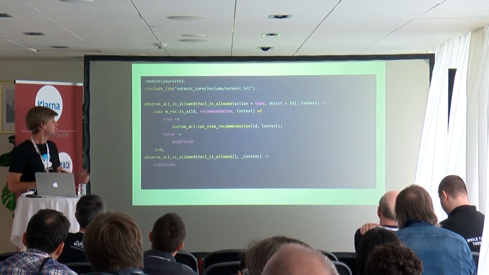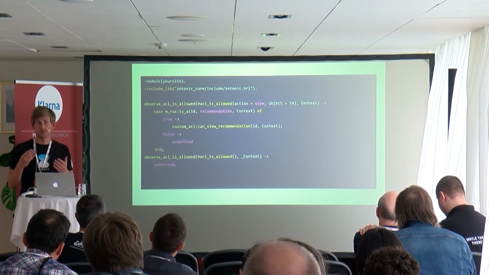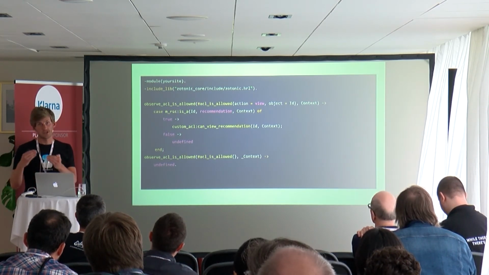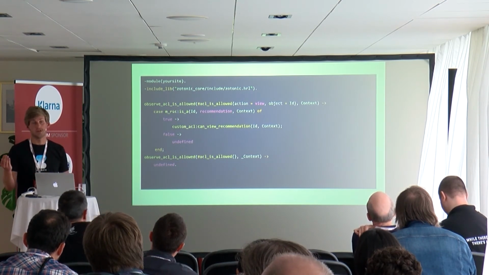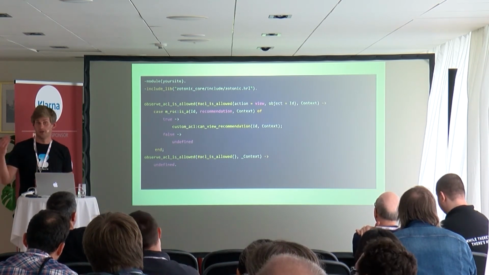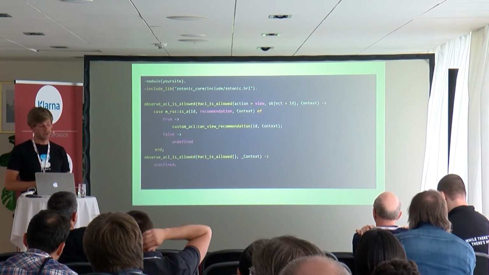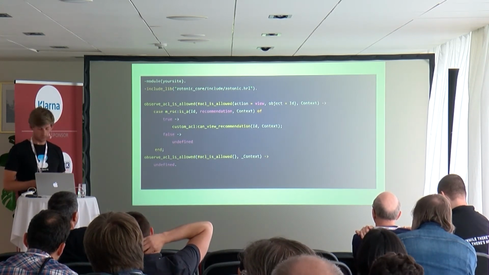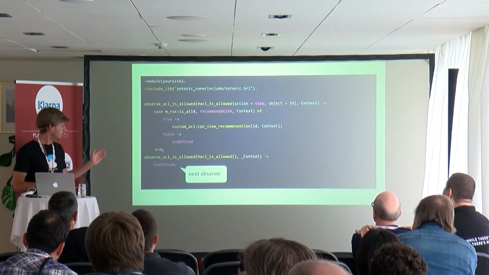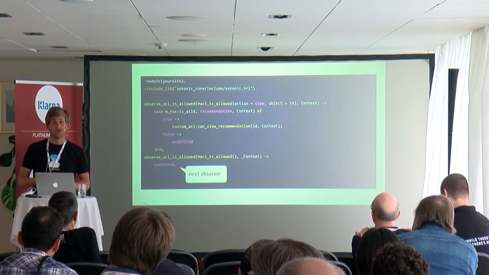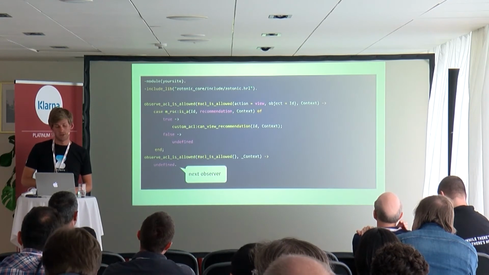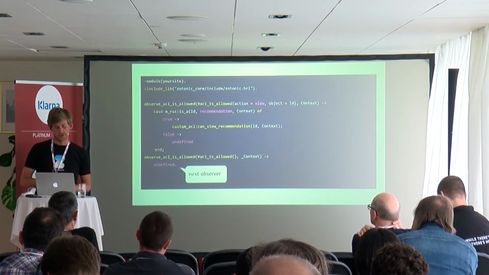But if it is a recommendation, then you can call some custom ACL code, make some custom decisions, and then return true if the user is allowed to do it, false if not, or again undefined if you can't make up your mind. And of course, you need a fallback at the bottom as well for all the other kind of is_allowed events that get passed to the observer.